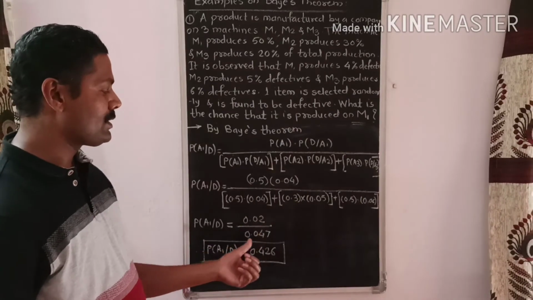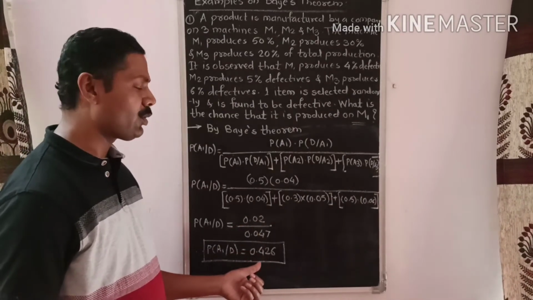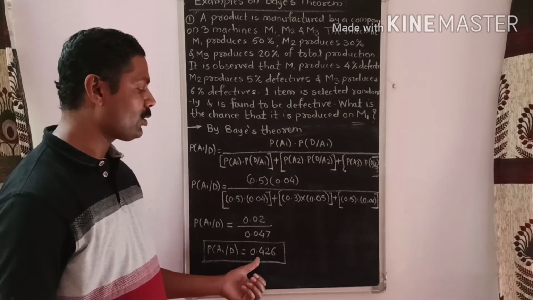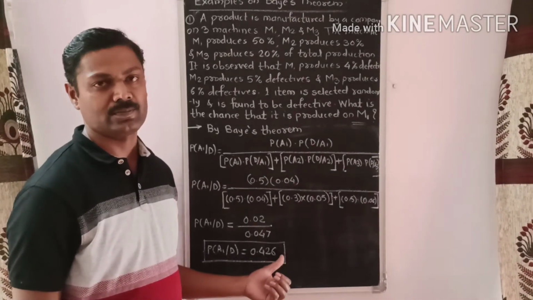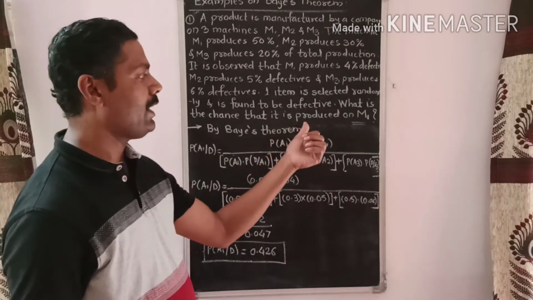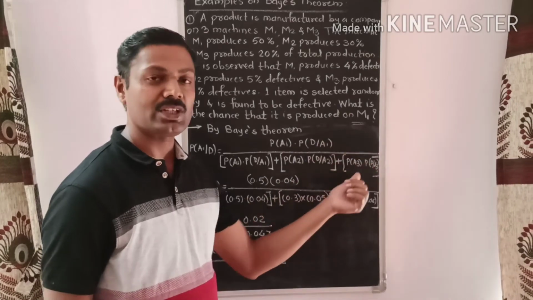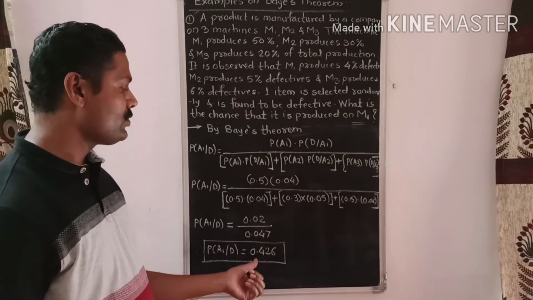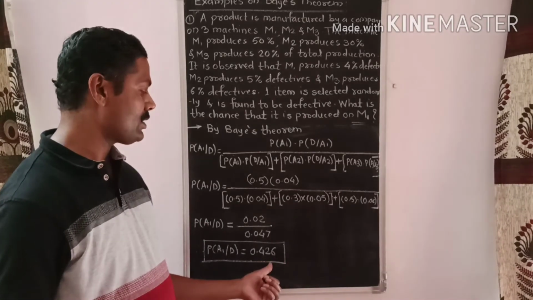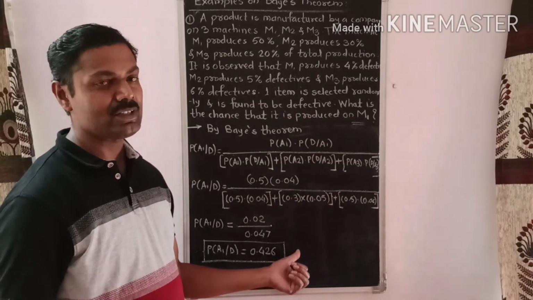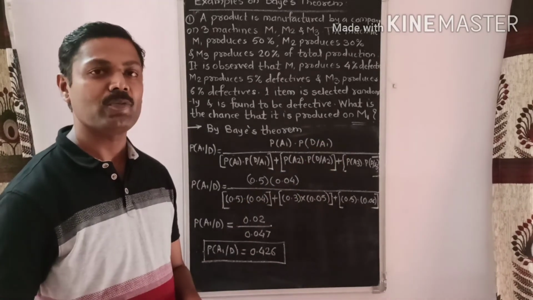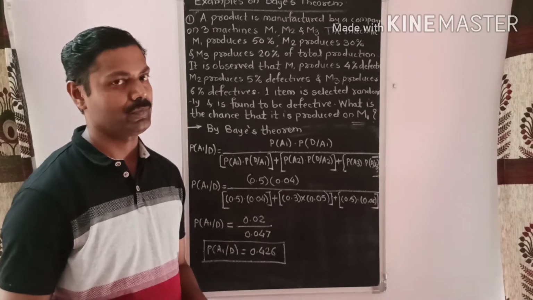By simplifying this, we get 0.426. So P of A1 upon D is 0.426. It means there is about a 42% chance that the item is produced on machine M1 given that it is defective.